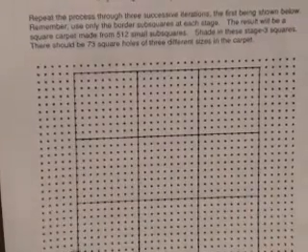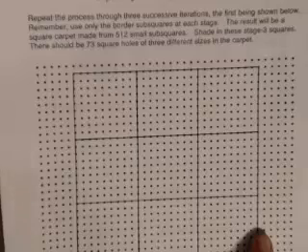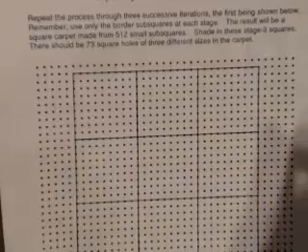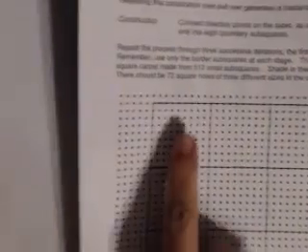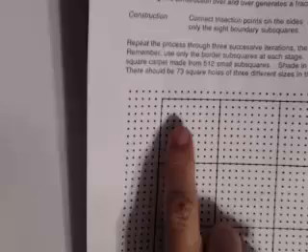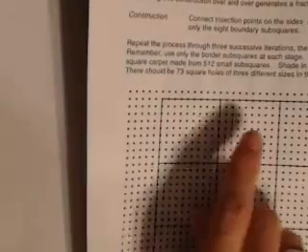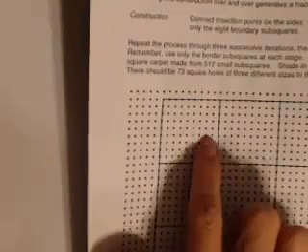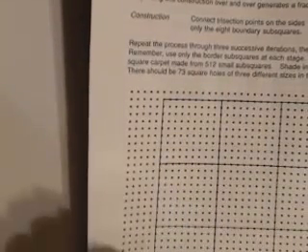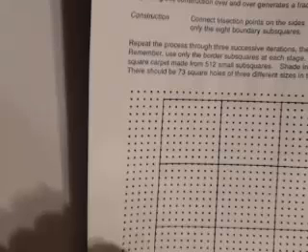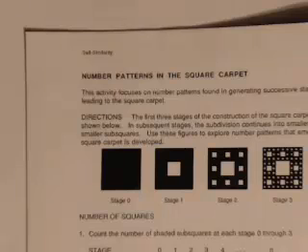So you begin with a square and then you take out the middle, and then you divide this into 9 and you take out the middle, and you continue to do that. That's called the square carpet, and it would look like this after you get to stage 3.